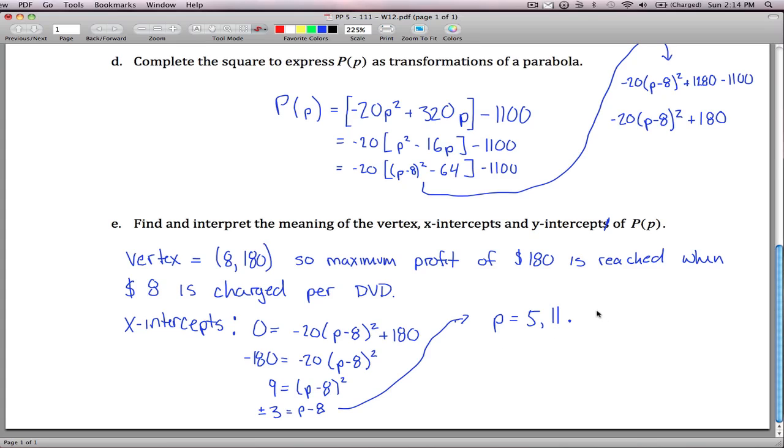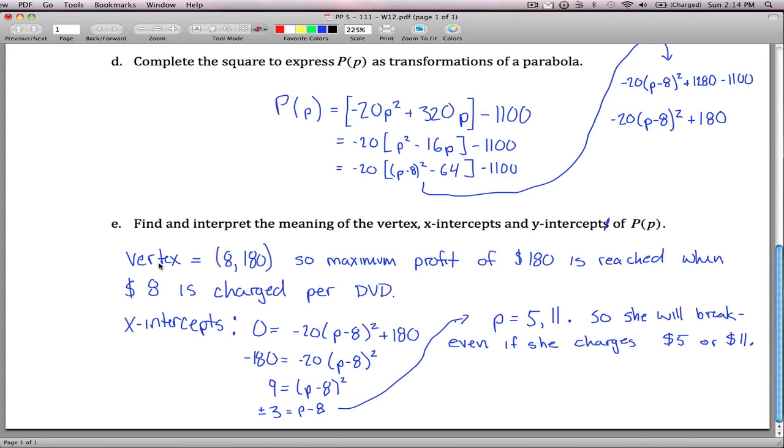And to interpret that, I would say, so let's see, the x-intercepts is when y equals 0, so she would break even. She would make $0 in profit. She will break even, to put it into econ terms, if she charges $5 or $11.